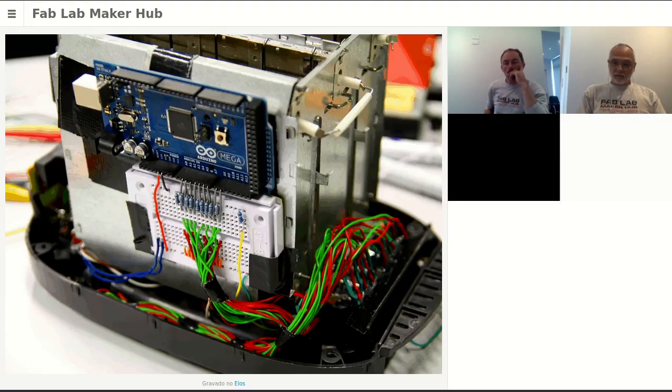Then we have electronic prototyping. That's an Arduino board. This was a project that a friend of mine made. Basically, an Arduino is just a little one-board mini computer.